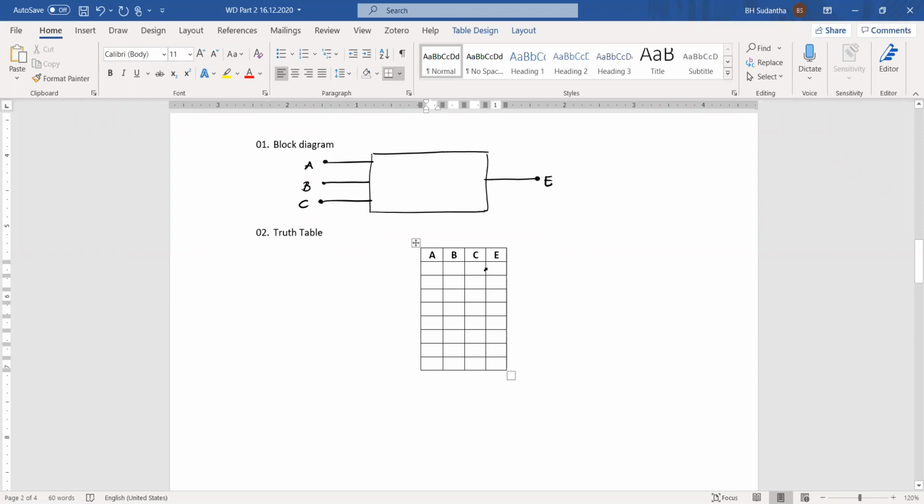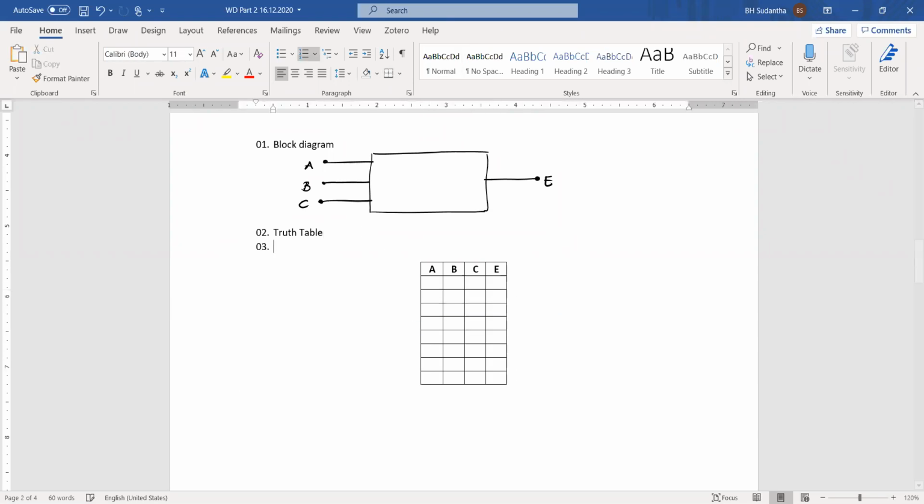Actually, it's easy. How many combinations are there? The number of combinations depends on the number of inputs. How many inputs are there? 3. How can we find the number of combinations? It's 2 to the power 3.